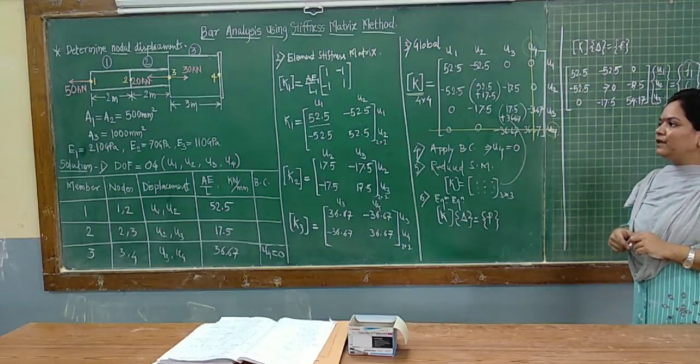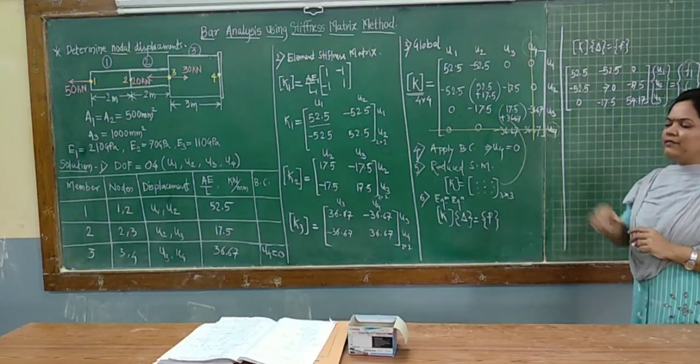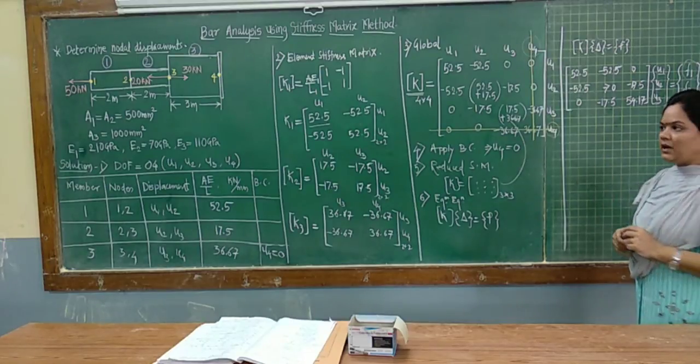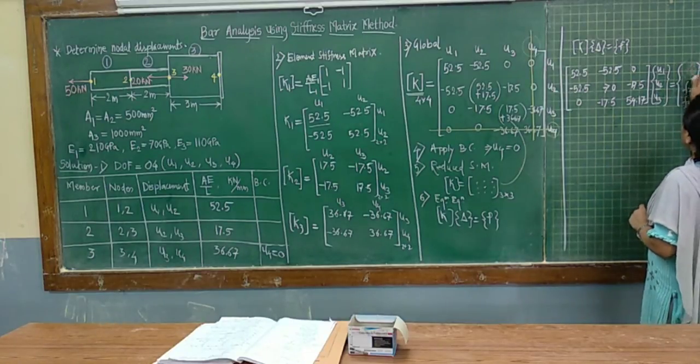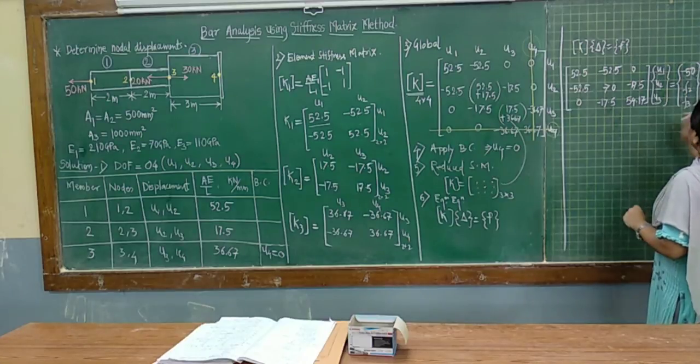At node 1 there is a 50 kN force in the left direction, therefore you write minus 50.